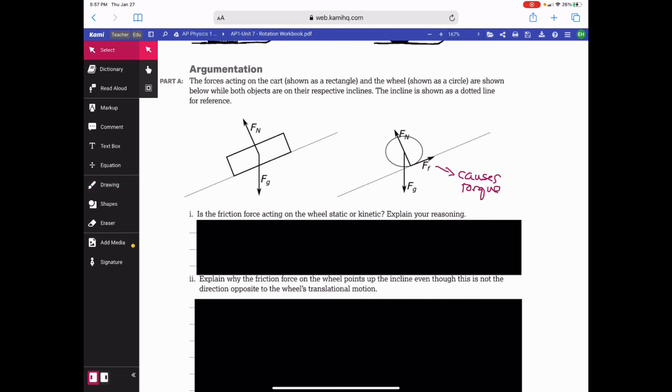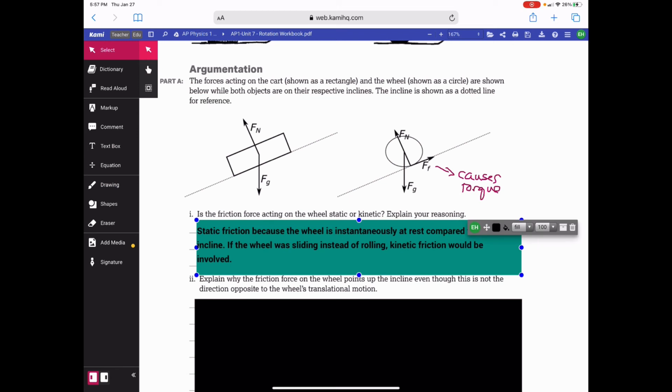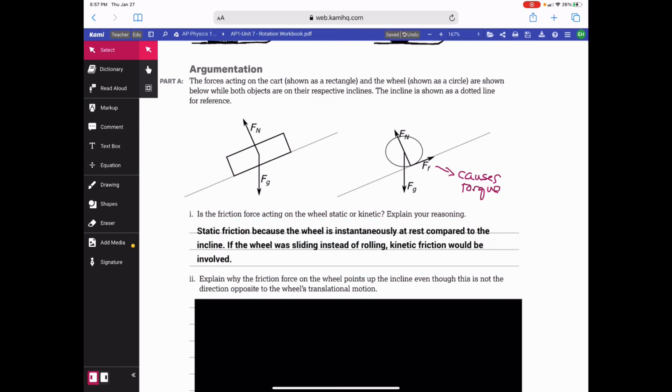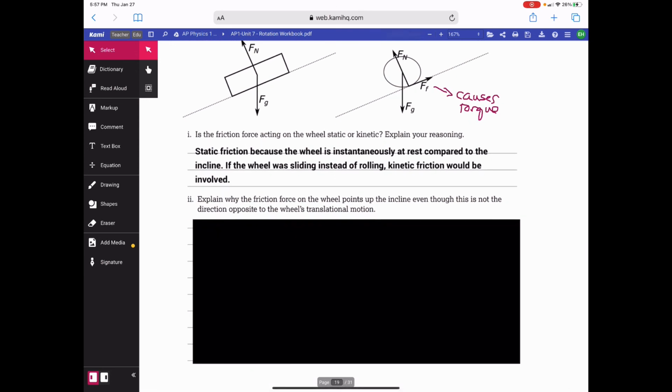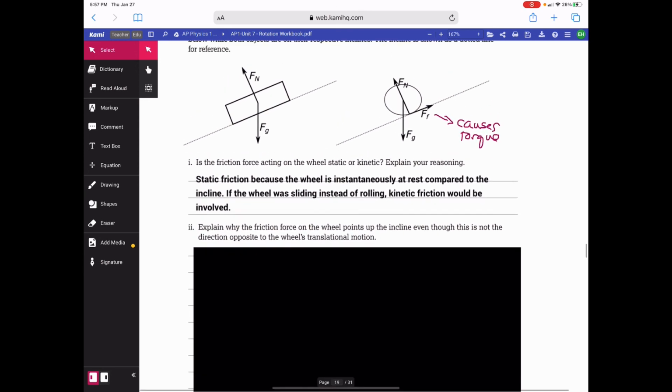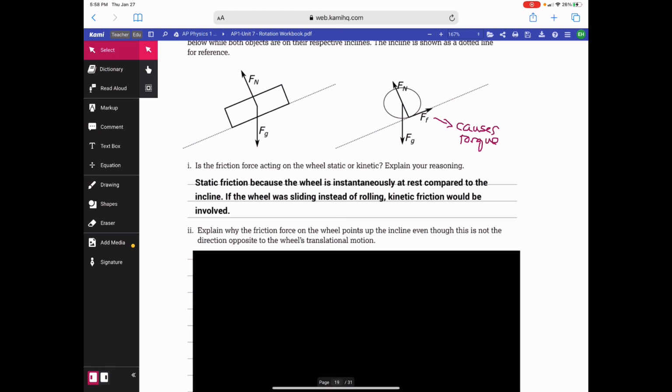Okay, so let's take a look. This is a case of static friction because the wheel is instantaneously at rest compared to the incline. What that basically means is there's a point of contact that the wheel is making with the ground every single moment it rotates. And static friction prevents that point of contact from slipping.